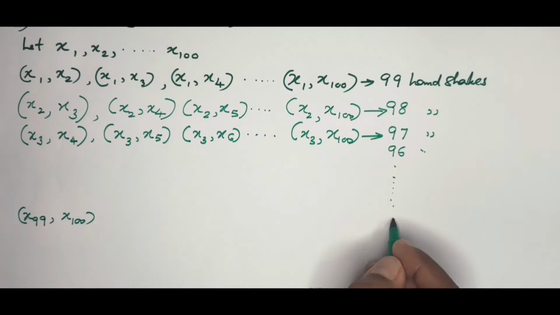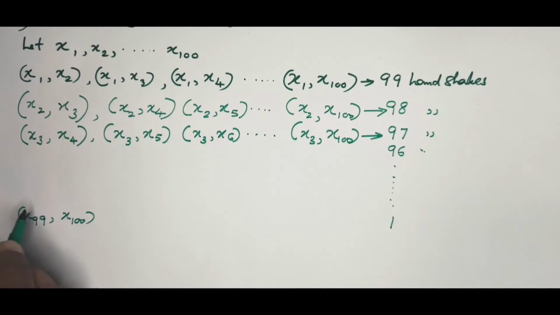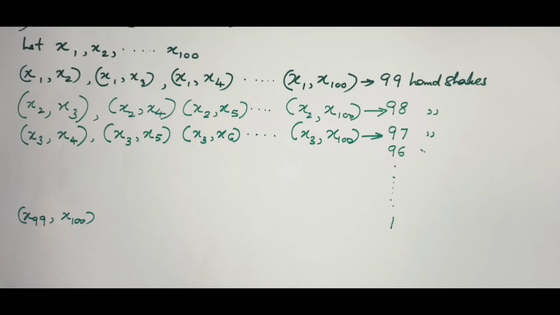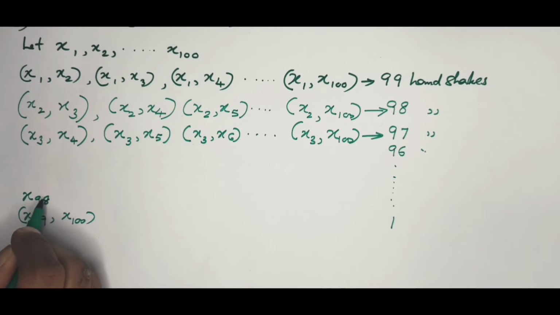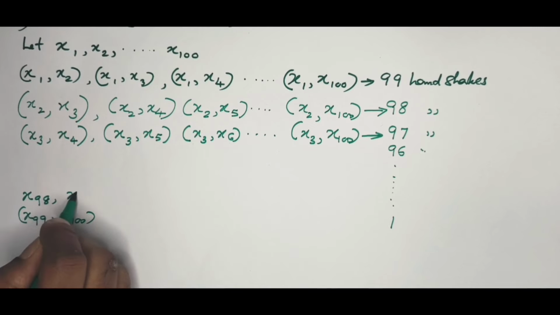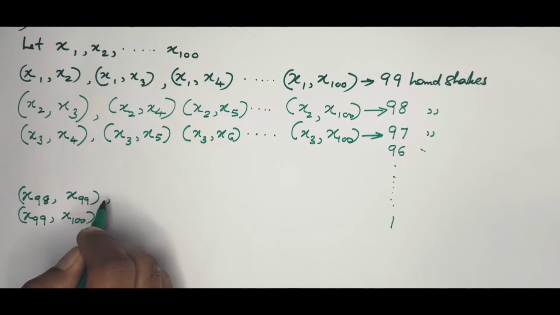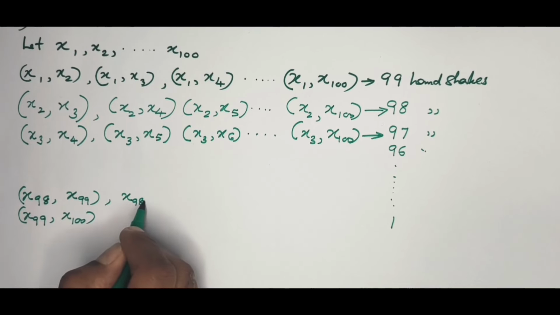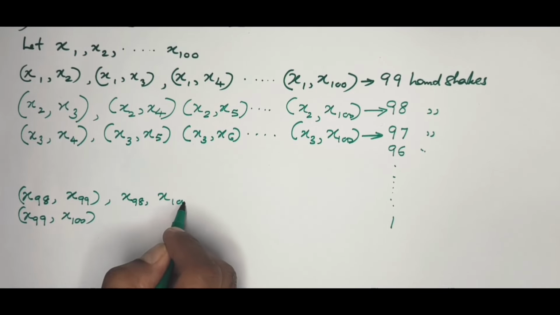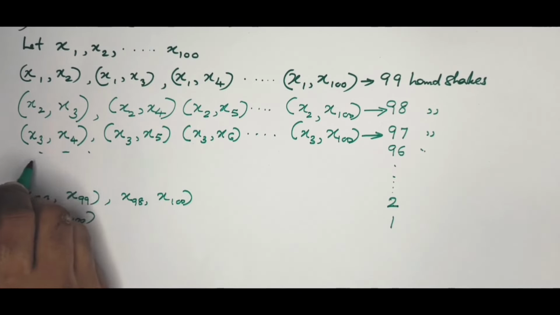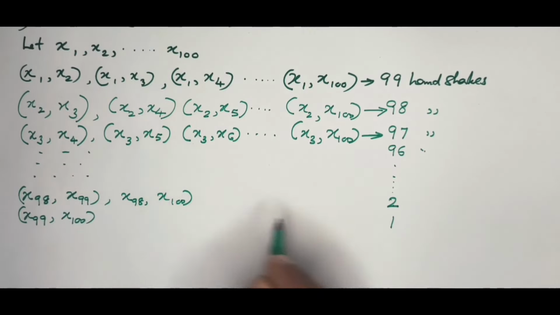There will be only one handshake because the other handshakes made by this person, x99, are already considered in the previous cases. So we don't need to consider them again. Similarly, what will be the case with x98, the 98th person? He is shaking hands with x99 and also with the 100th person, and you have two. So there are all such cases.